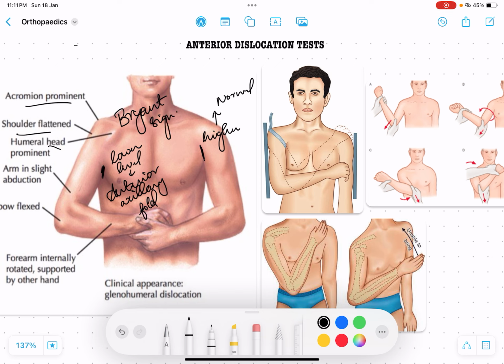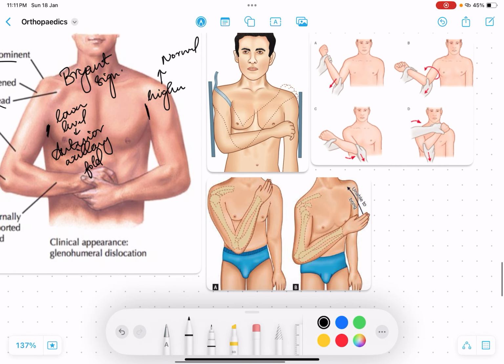And now the Dugas test. What does the Dugas test mean? The patient is made to place the hand on the opposite shoulder. If this hand has been injured, he or she has to touch the opposite shoulder. Then the examiner will put pressure on the flexed elbow.